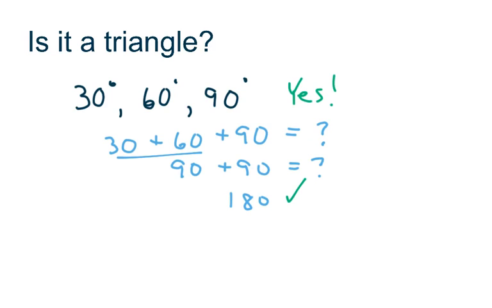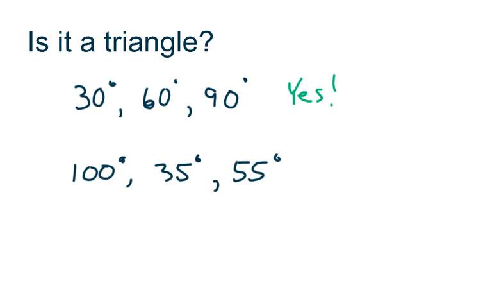Let's look at another example. So if we had a second figure that had a 100-degree angle, a 35-degree angle, and a 55-degree angle, again, is this actually a triangle? So we'll use the angle sum theorem to find the sum and add up all three of our angles. It's really important that you take the time to actually check these sums either by hand or in a calculator, because some of your first impressions, at least, might be a little misleading here. So we go to add things up.